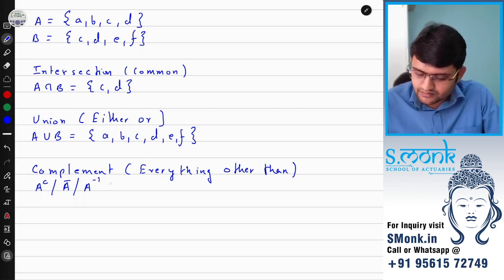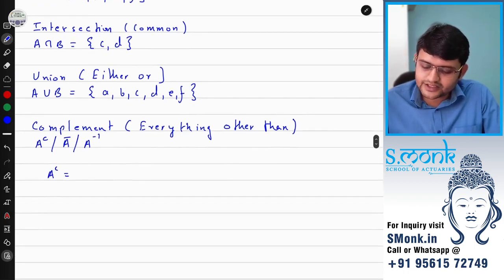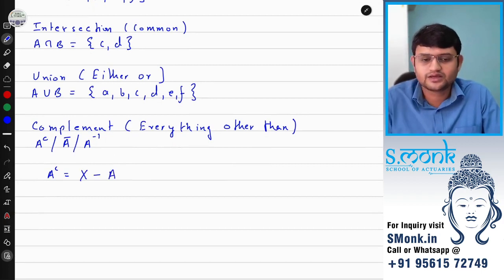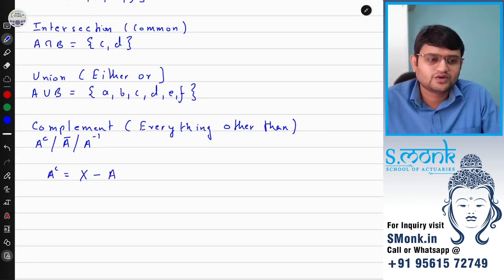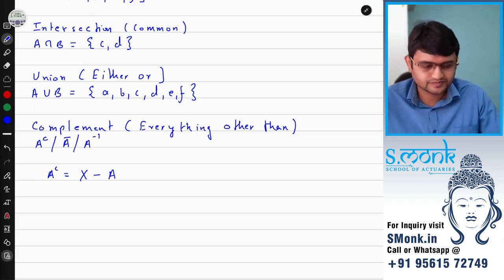Complement, we'll say it is everything other than A. So we'll take the whole universal set, and if we subtract everything that is contained in A, that becomes A complement.